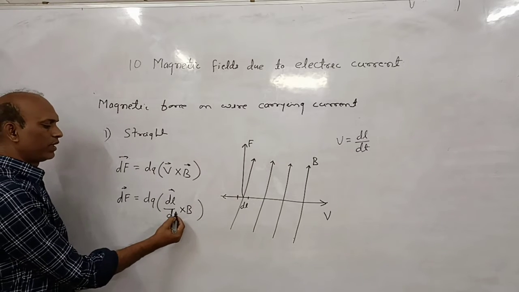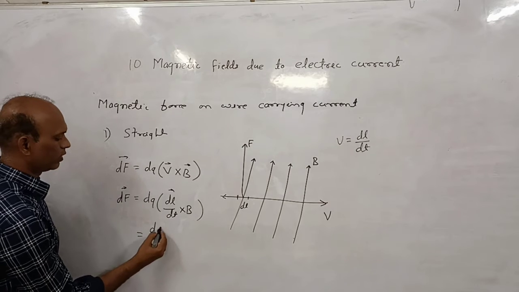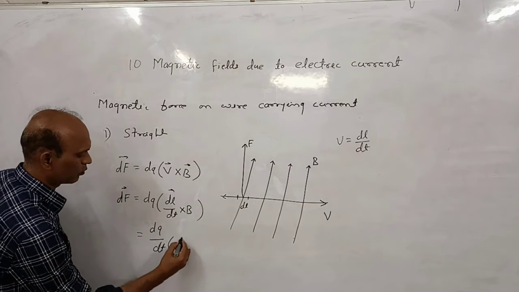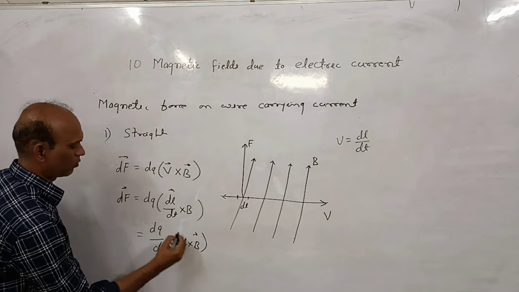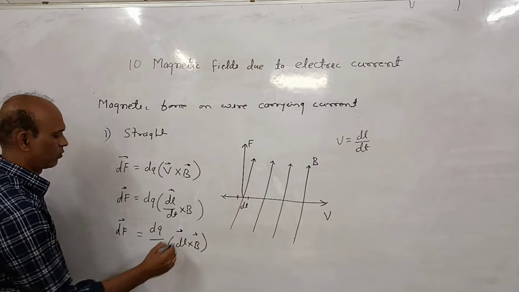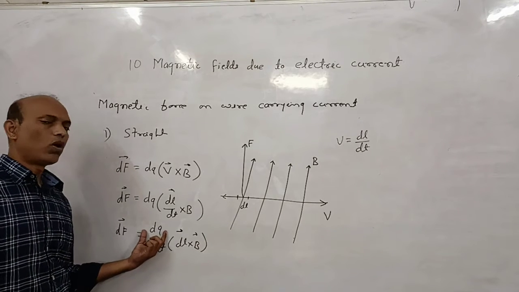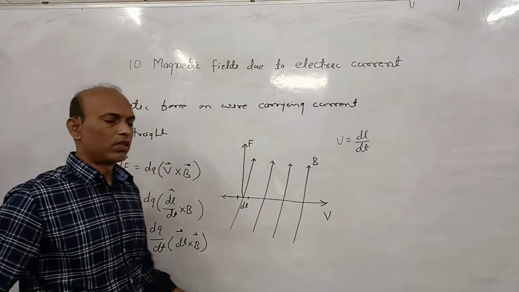If we bring dt to this side, it becomes dq divided by dt, which is the flow of charge per unit time, and the flow of charge per unit time is nothing but current.